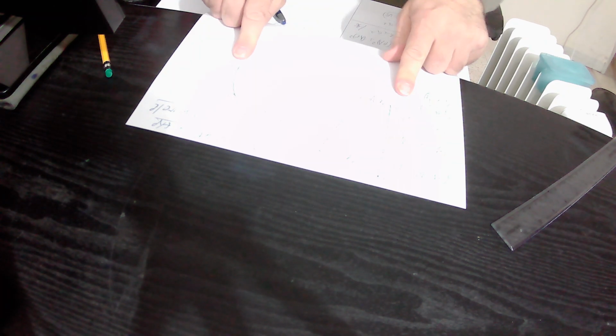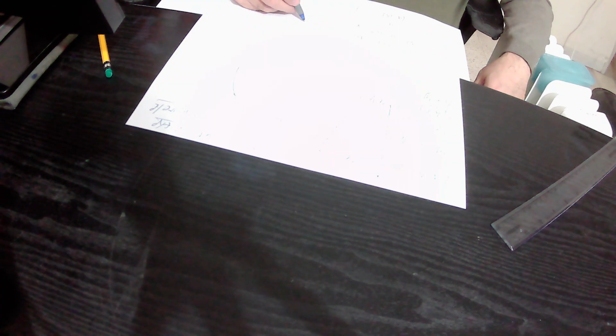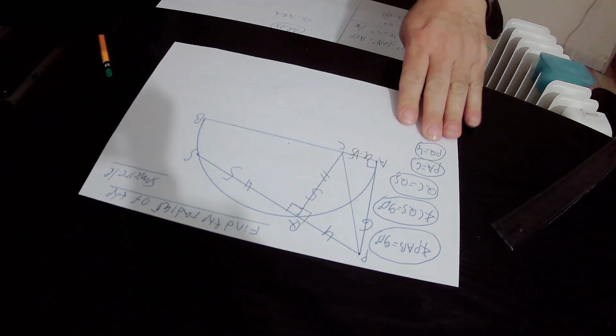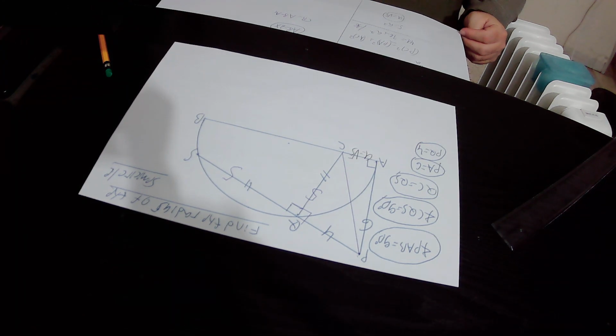So AB minus AC equals CB. I'll write it down. CB equals AB minus AC.